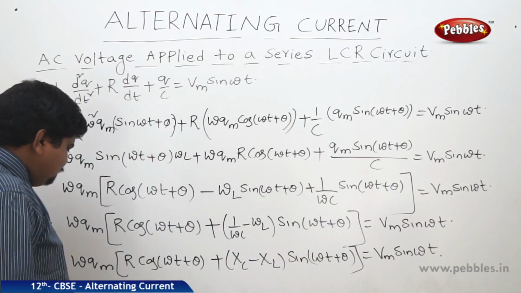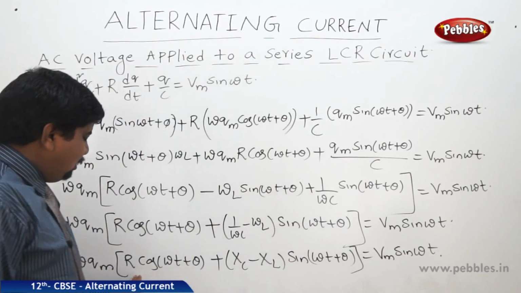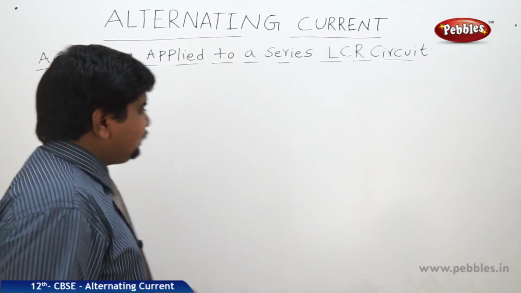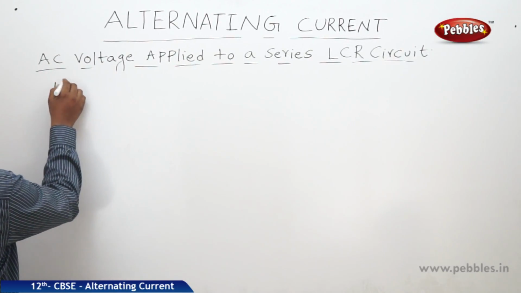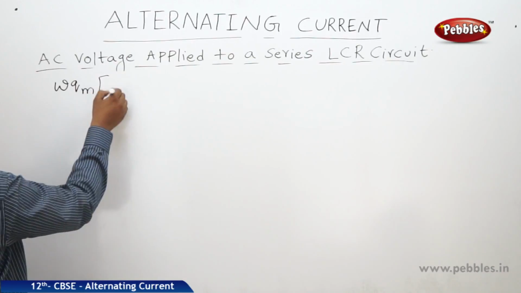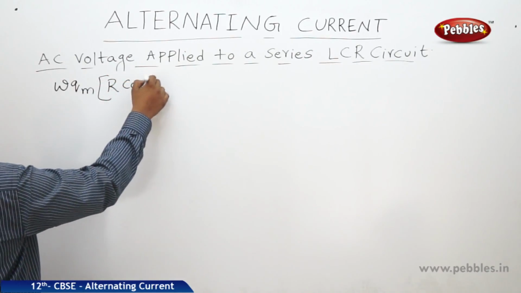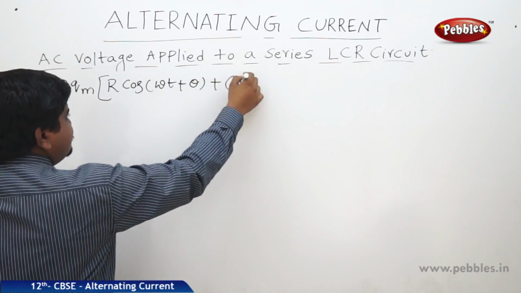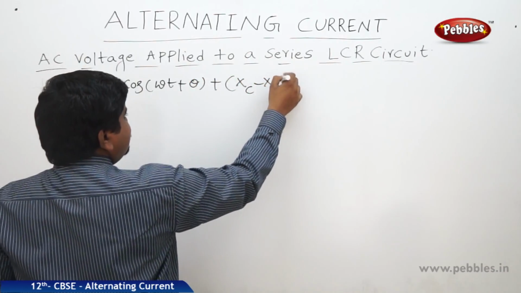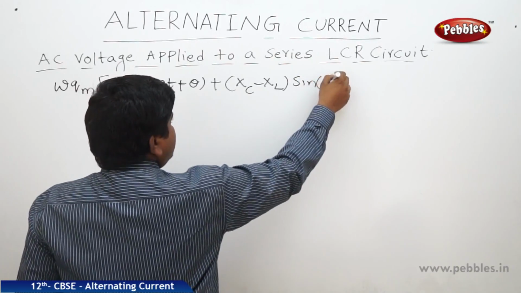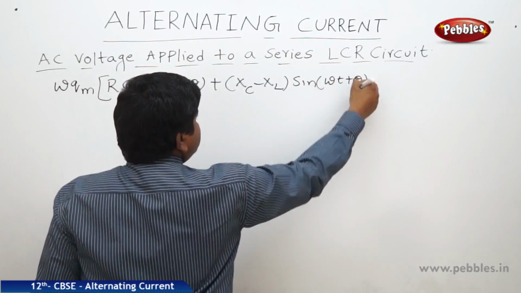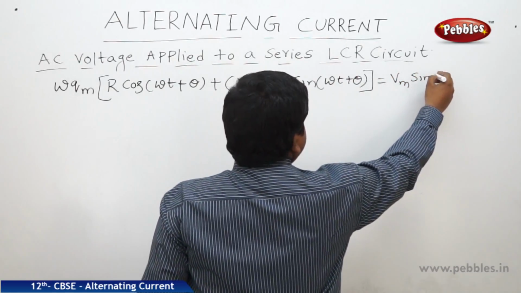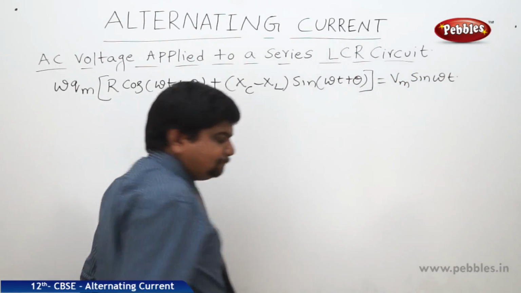Now we are solving this whole equation by taking R and Xc minus XL as different terms. So we got an equation like this: omega qm into R cos(omega t plus theta) plus (Xc minus XL) into sin(omega t plus theta) is equal to Vm sin omega t.